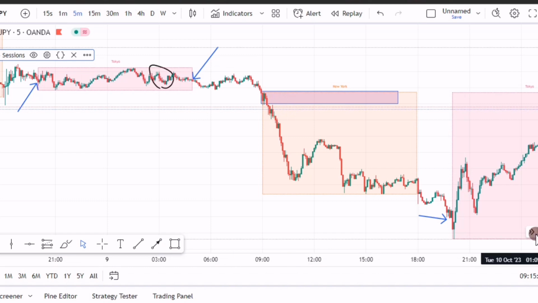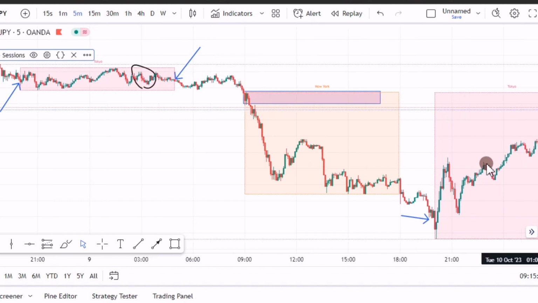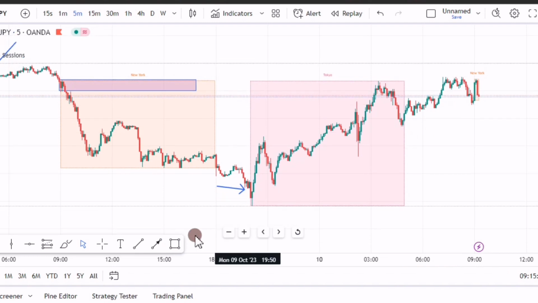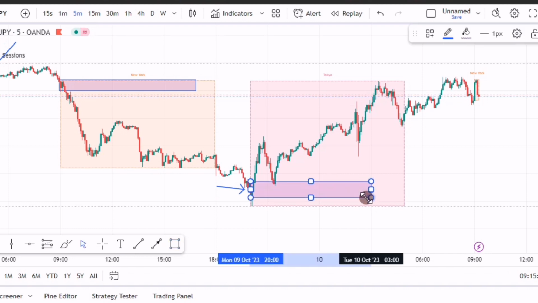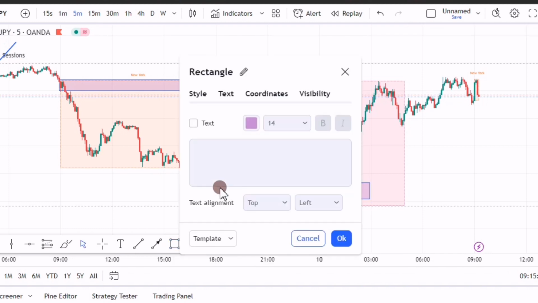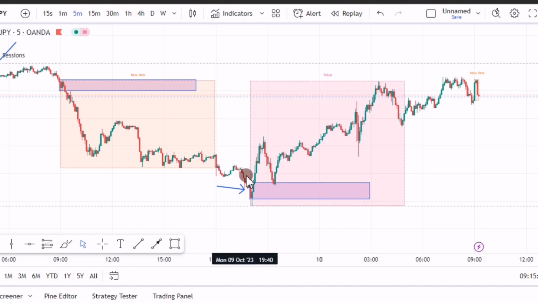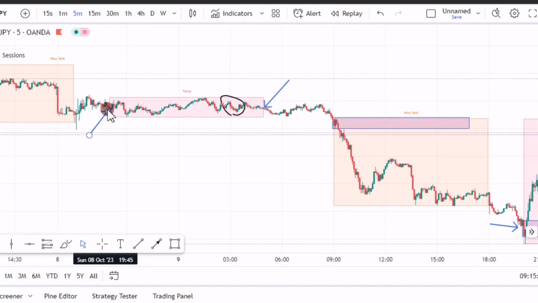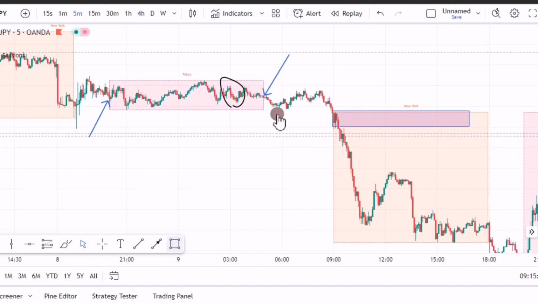Maybe we can start from the beginning and take a few days to see if you could have made it. So right here, it was a clean win. Remember you start at the beginning of the Tokyo session. So price closed above and it moved up. New York session. So you would have started here, lost the trade, and then you would have identified the last candle of the Tokyo session.